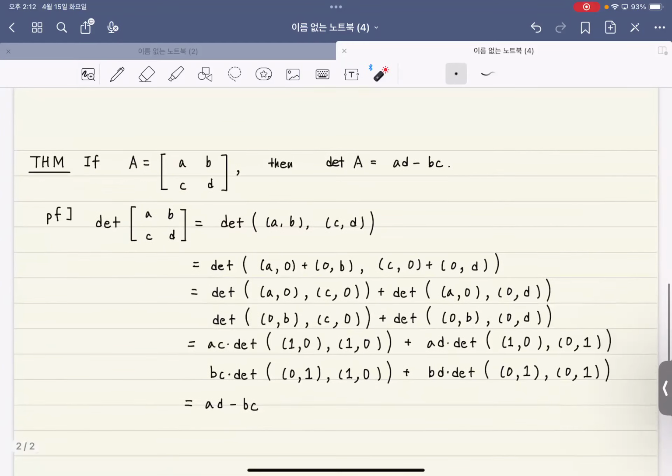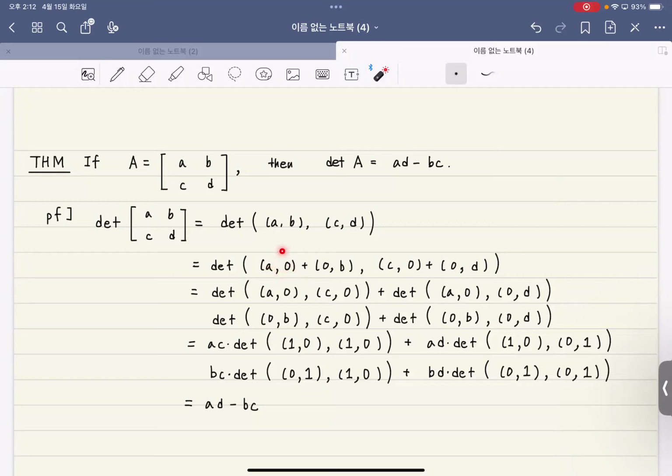Let me justify this step by step. I am interested in finding the determinant of this matrix, which has two-dimensional row vectors A, B, and C, D. Please allow me to write it this way: the first vector A, B can be written as A, 0 plus 0, B, and in the second slot, C, D can be written as C, 0 plus 0, D. Now, I am taking advantage of the multilinear property of the determinant.